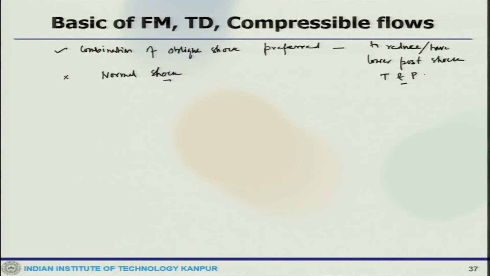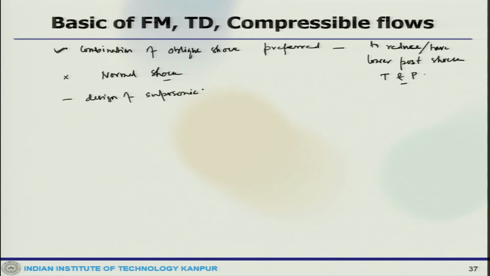So, the change in properties is quite drastic, but as we go in the discussion we can see that behind the oblique shock the flow could still be supersonic or subsonic depending on the situation.